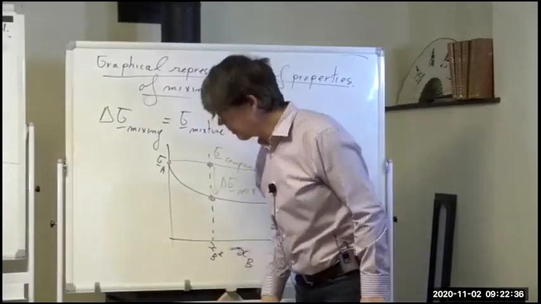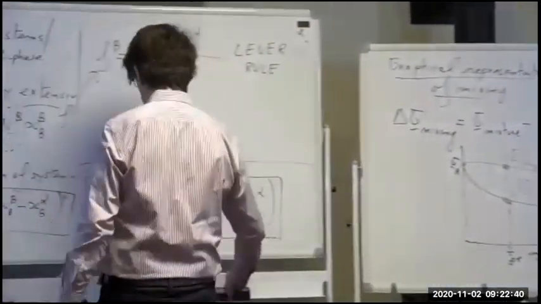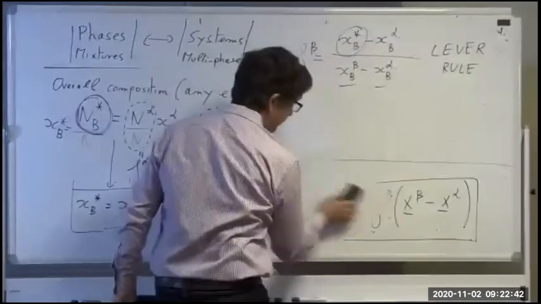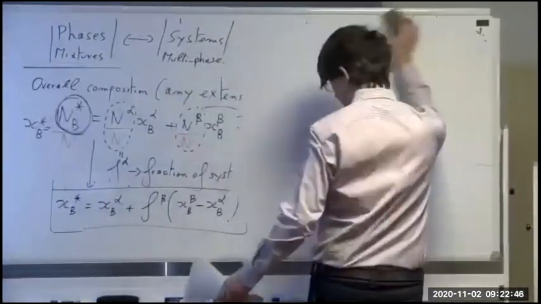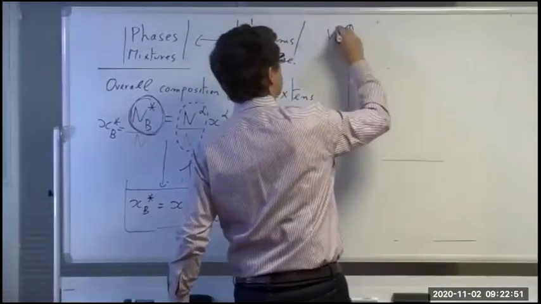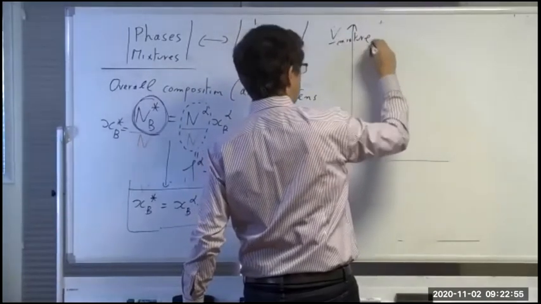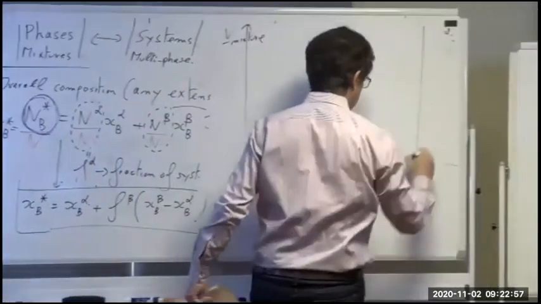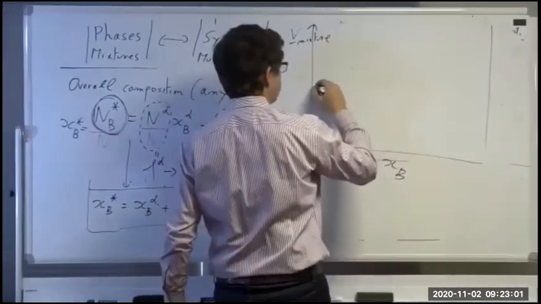Graphical constructions may seem a little outdated, but they're still remarkably useful because they allow you to see things very quickly. If I plot the volume of a mixture, let's say I find that the volume of the mixture behaves like this.